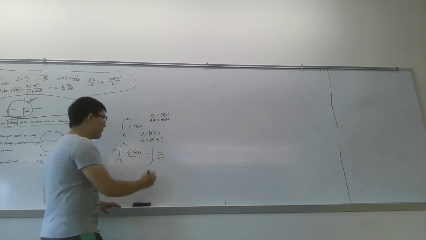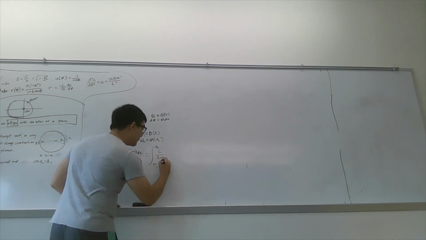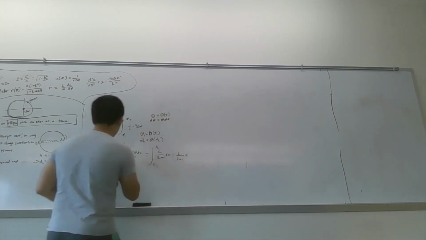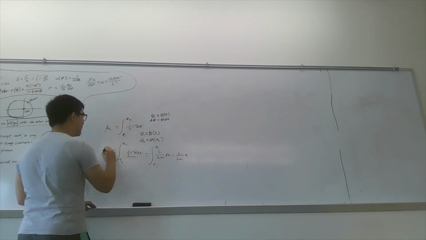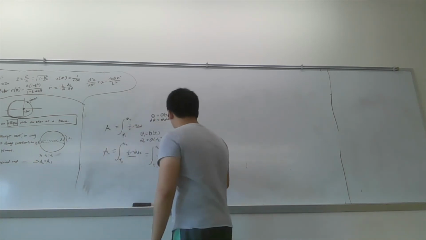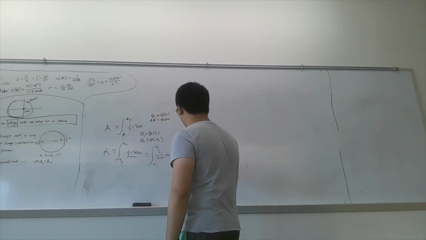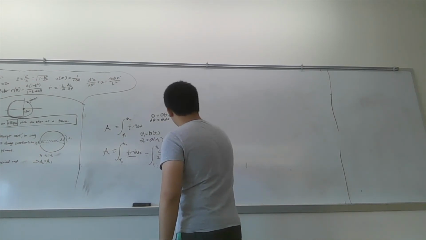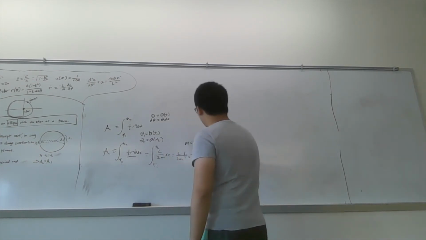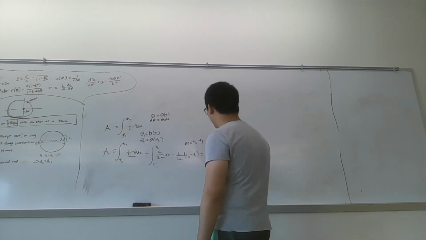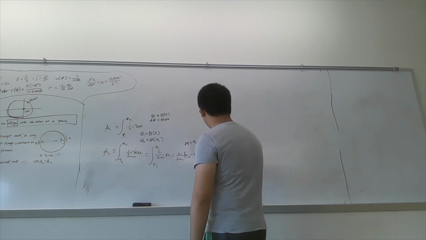So let's get this equal to this. Well, of course, I will put area here just to clarify things. This, and then if we let the time interval equal t, t minus t1, we get this.